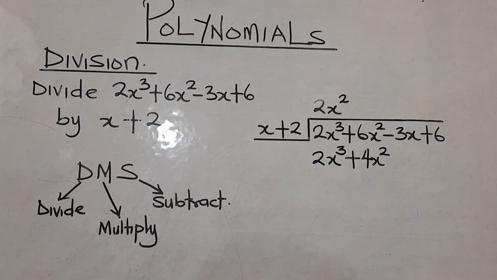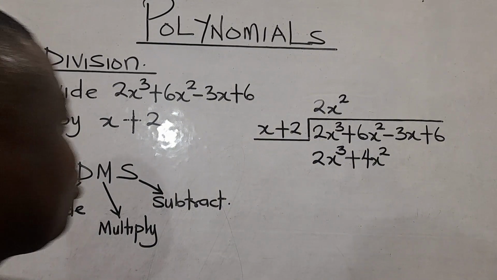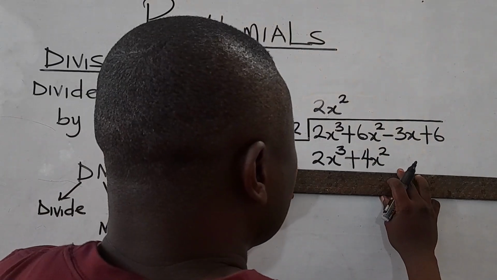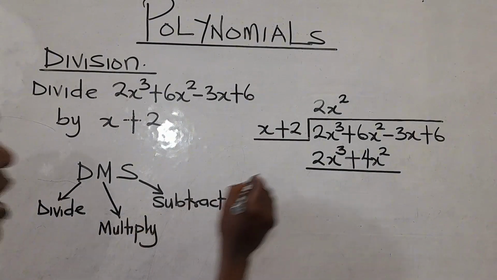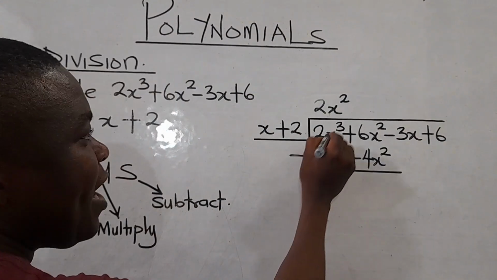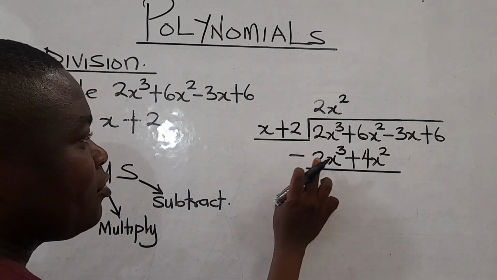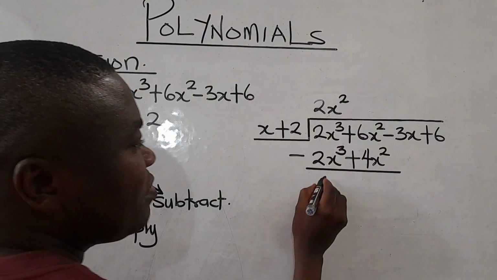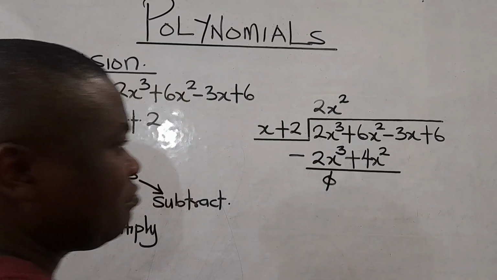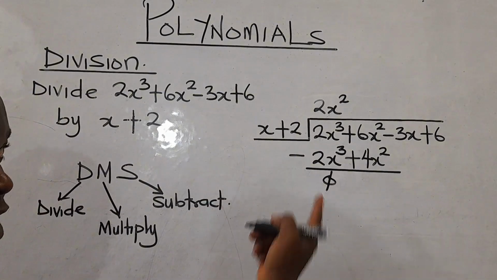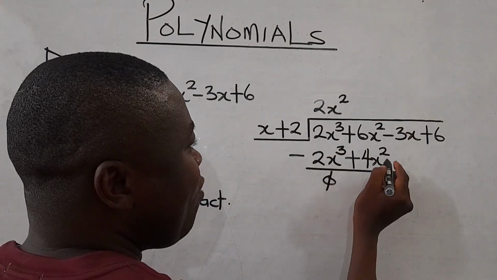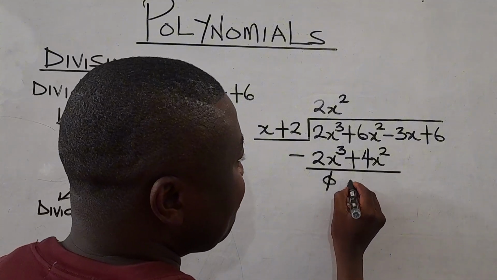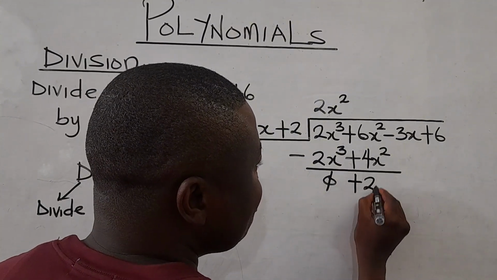When you get these two terms, you stop and go to the next part, subtract. 2x cubed minus 2x cubed is 0. Just showing you that it's 0, that's why I'm writing this. 6x squared minus 4x squared is plus 2x squared.